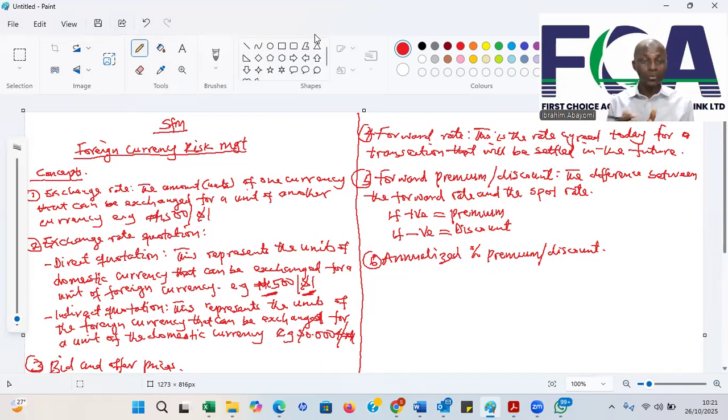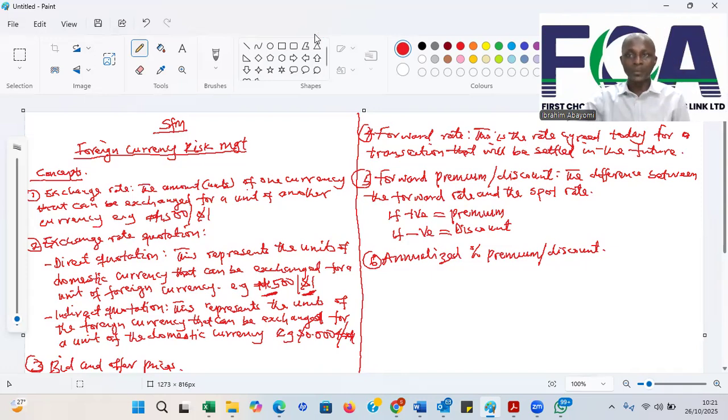Now, when you want to calculate percentage premium, we want to know whether the currency is quoted at a premium or at a discount. We need to calculate the annualized, meaning that you convert it from whatever quotation it is, say 3 months, to a 12-month premium or discount.